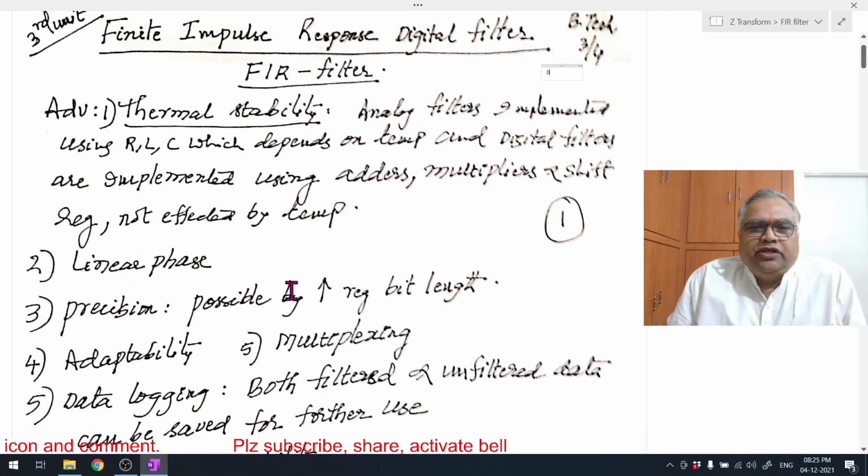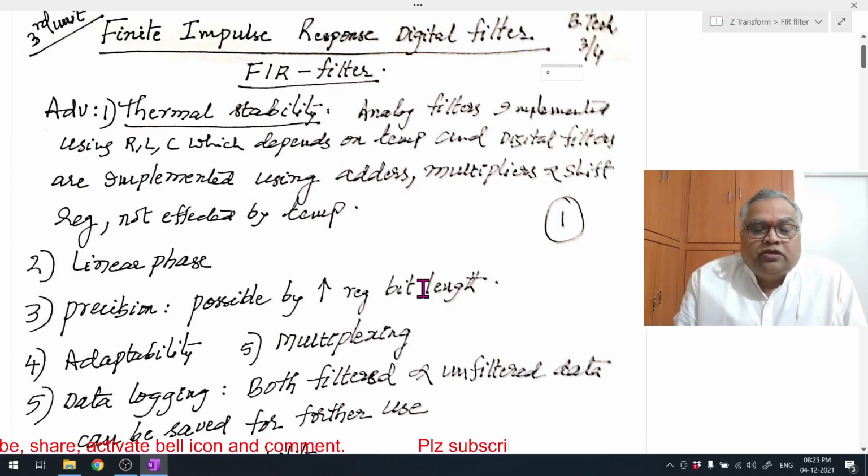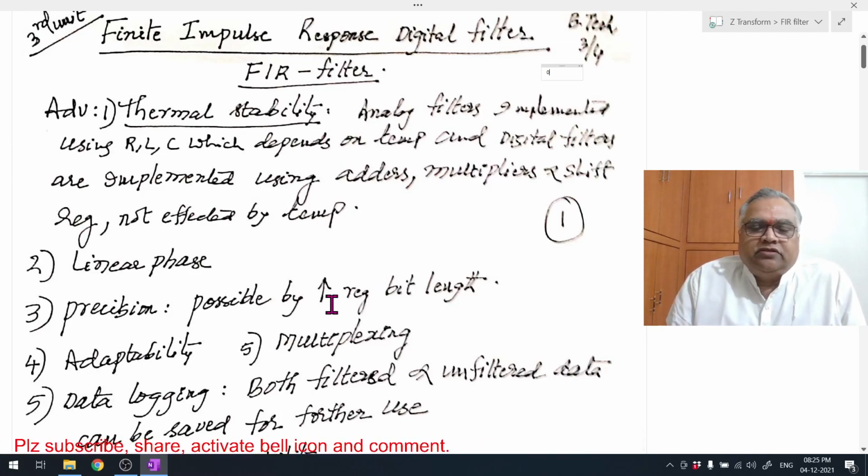The unique powerful advantage of FIR filter is linear phase. The precision is increased by register bit length. If register bit length is more, in the process of so many multiplications, the accuracy will be improved. So register length or register bit size must be more.